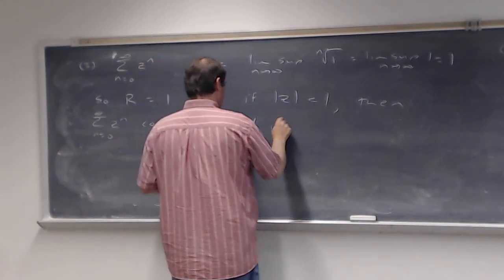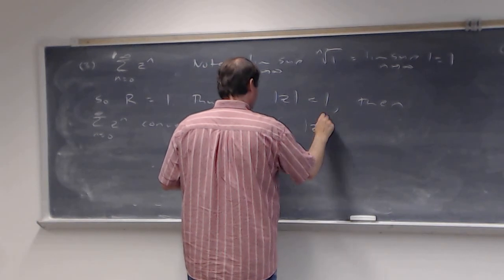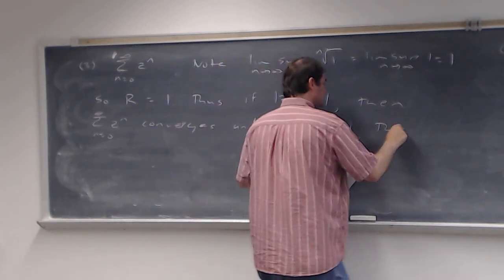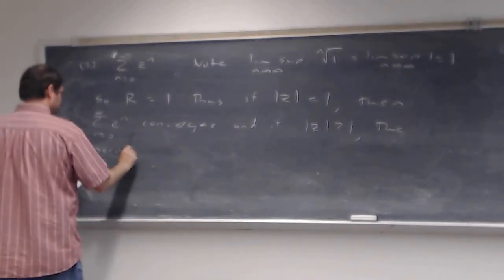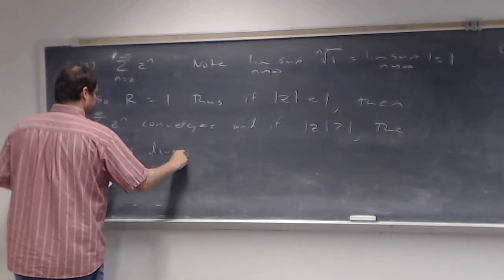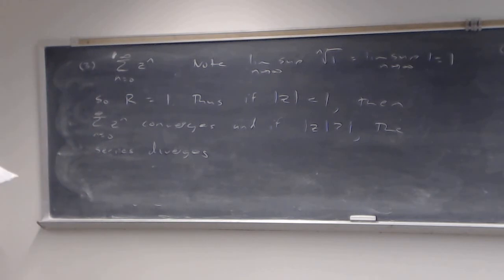And if the norm of z is bigger than 1, the series diverges. That's by the previous statement.